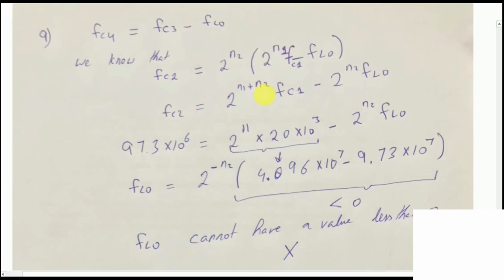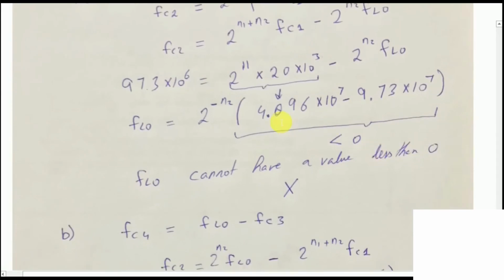So all of this is available. From here we can extract the frequency of the local oscillator, which I have done over here, that is FLO, which is equal to 2 raised to power minus n2. If you just solve this expression, the n2 will go on the other side and you will get minus n2. So 2 raised to power minus n2, and then this whole thing will converge to 4.096 into 10 raised to power 7, and then you can subtract FC2 from it, that is 9.73 into 10 raised to power 7.